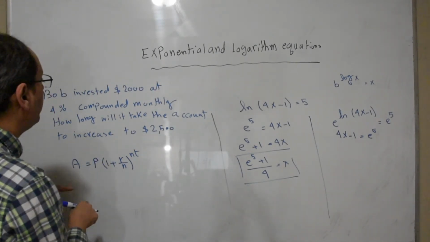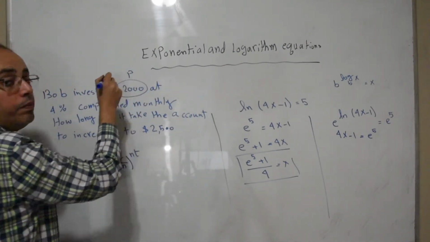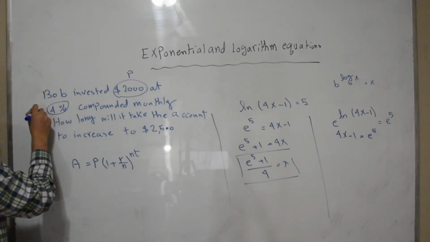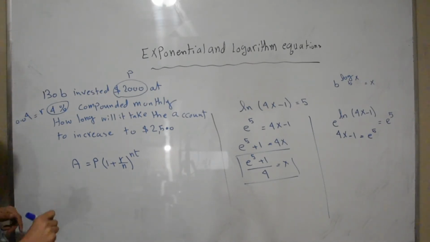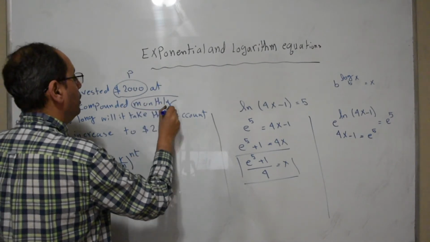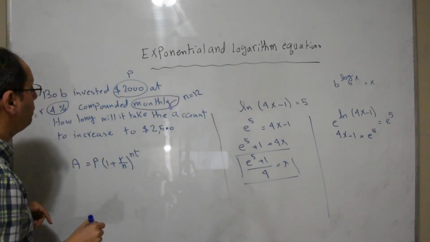So here's the principal, this is P, and here's the rate r, but that must be 0.04. Monthly, this is n, and n is 12, because it's each month.